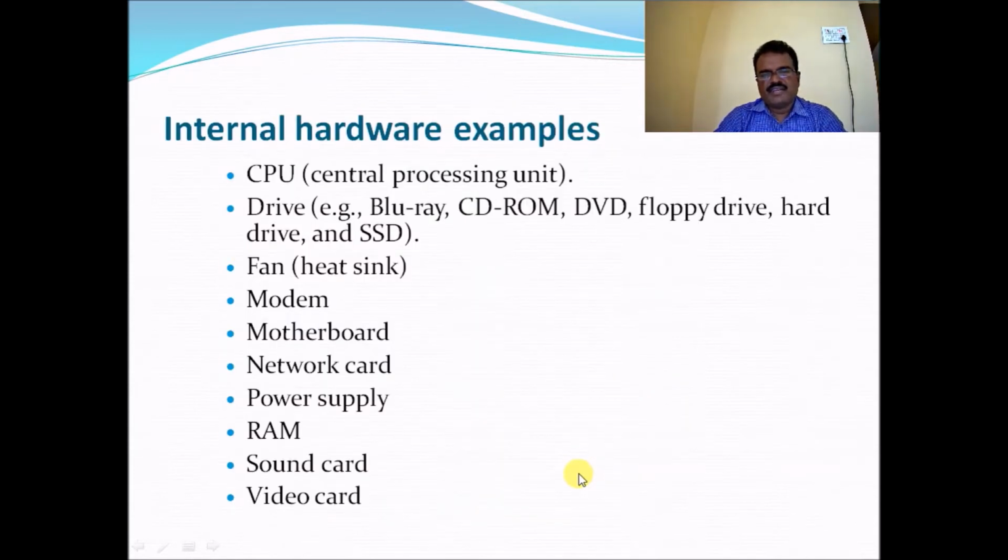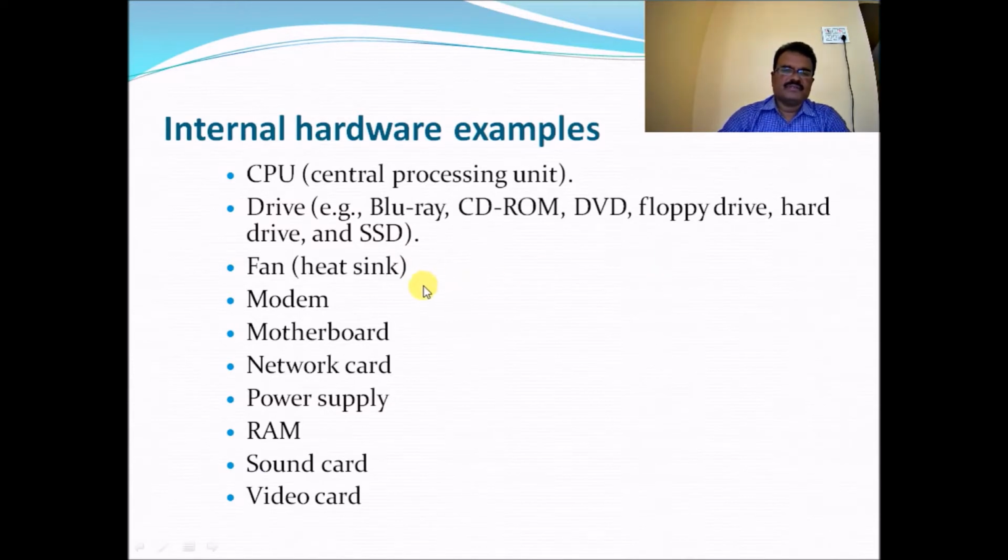Internal hardware examples we can give like this: central processing unit, and drives, which may be a Blu-ray drive, CD-ROM drive, DVD drive, floppy disk drive, hard disk drive, and solid state drive. These all come under drives. Fan, also called heatsink, and modem, modulator and demodulator.